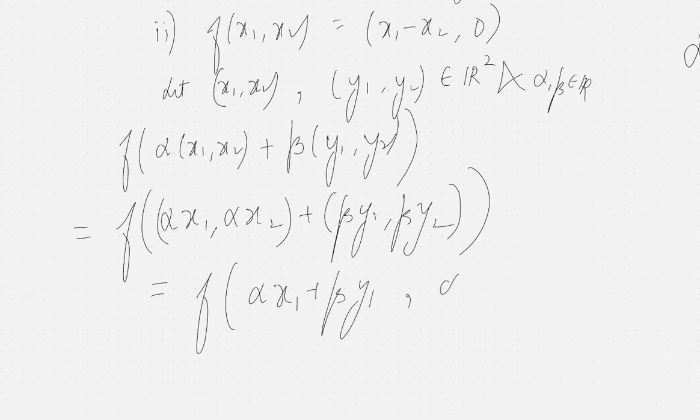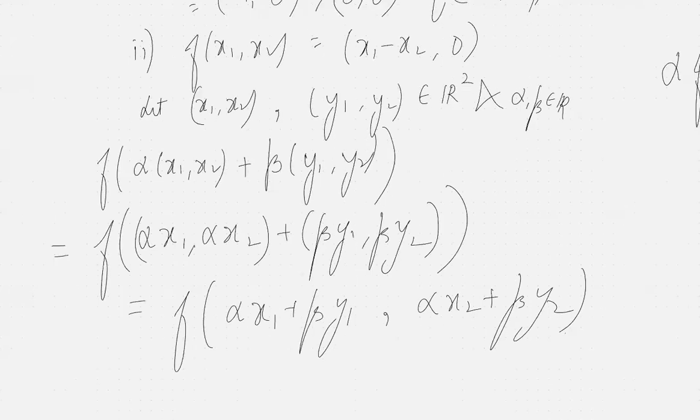Next, we know what f of x1 comma x2 was. Remember abscissa and ordinate. If abscissa is x1 and ordinate is x2, then the first term of their image is the difference of abscissa minus ordinate, and then 0. In the range, abscissa becomes x1 minus x2, and ordinate becomes 0.